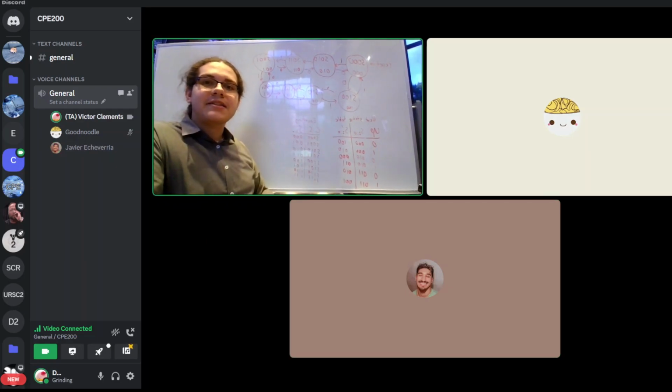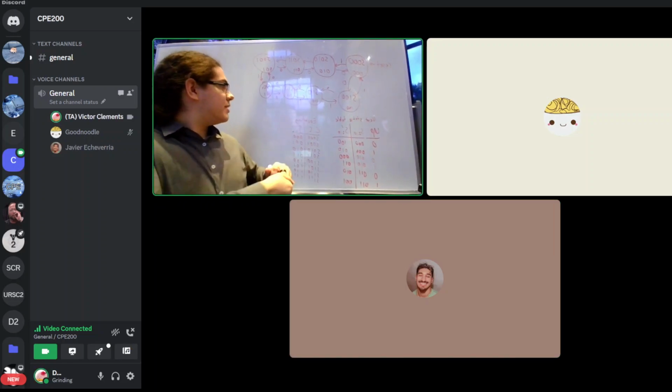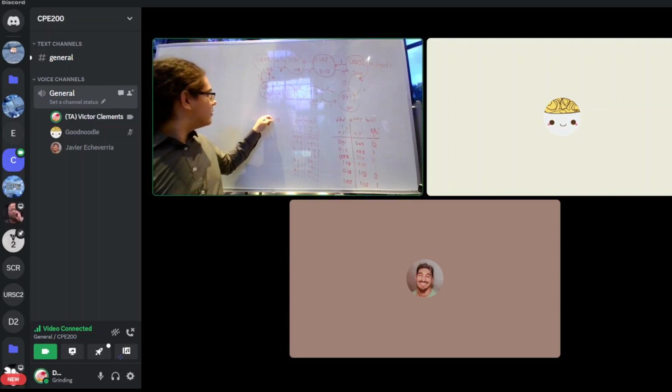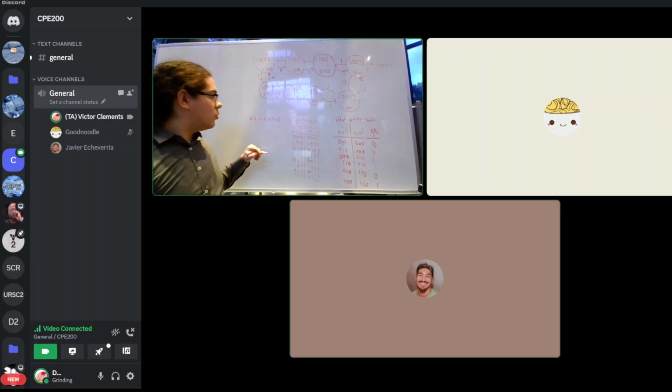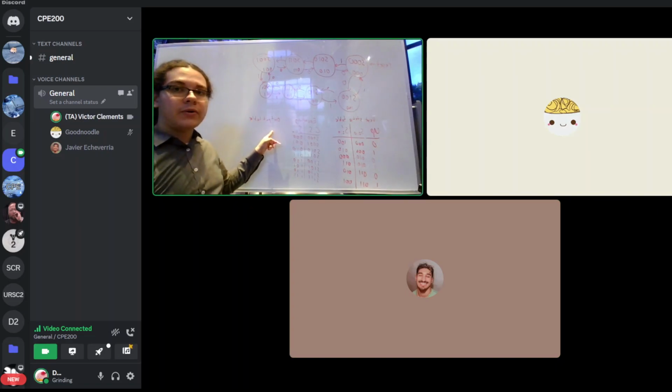And so then what's the last table I have to finish? The output. Yep, exactly. Both of you are correct. The output table. So what I'm going to do is write down all of my states over on the left, and then I write what the output is for those states.